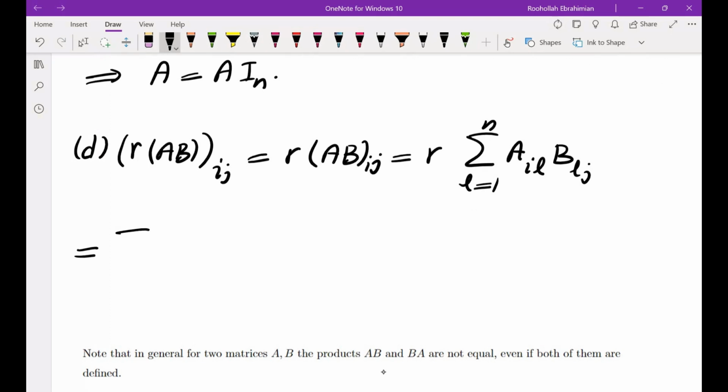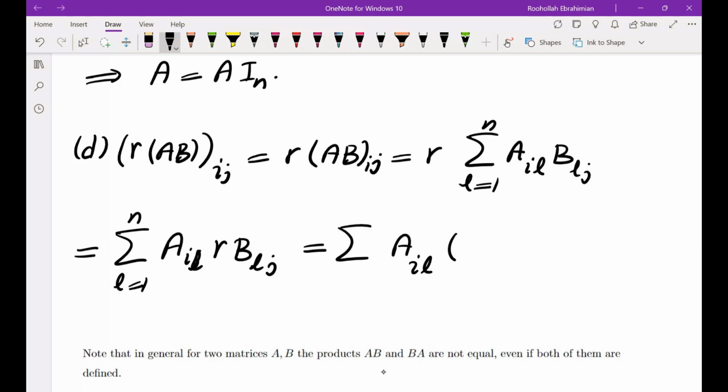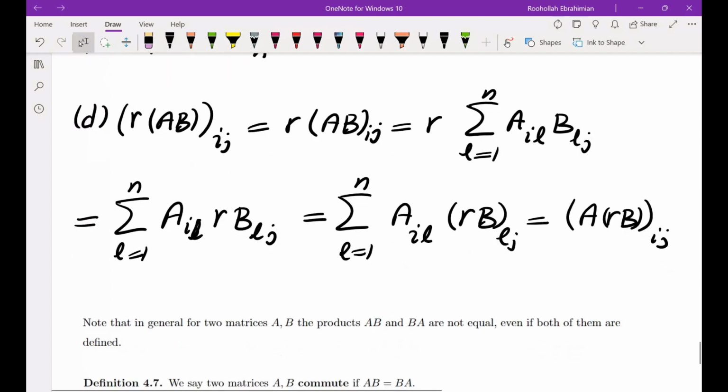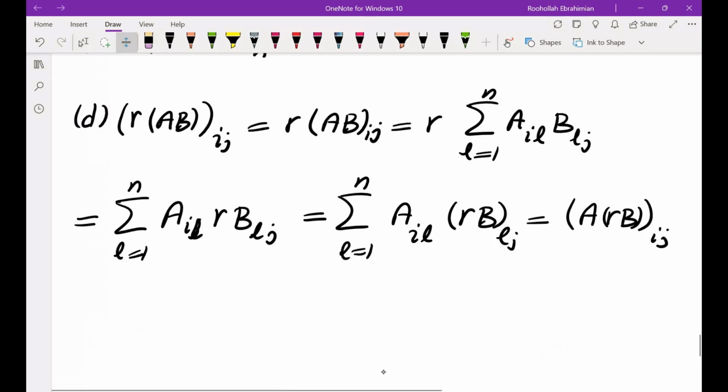This is the same as the sum of AIL times R times BLJ, and L goes from 1 to n. This one is R times B, the LJ entry of R times B, and this is the same as (A times RB)ij.